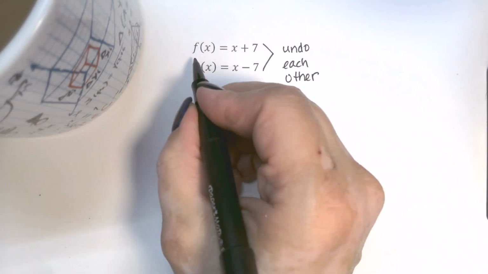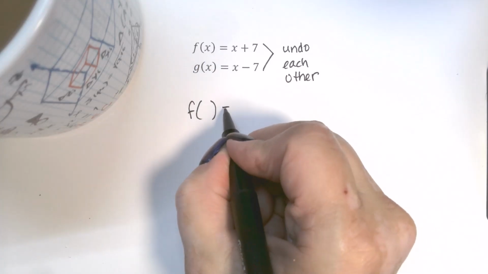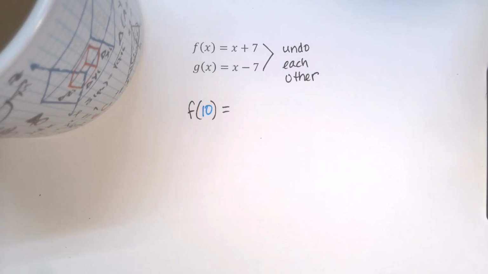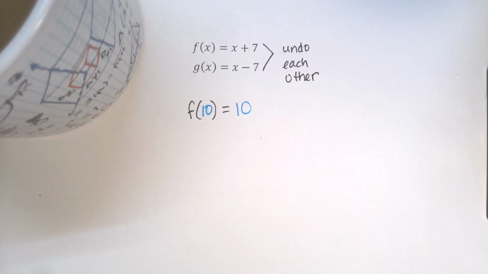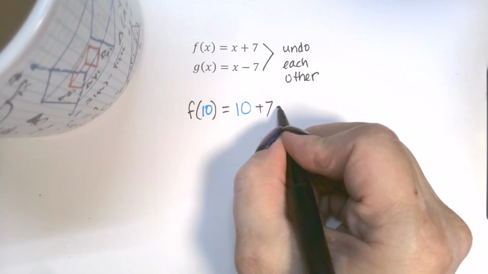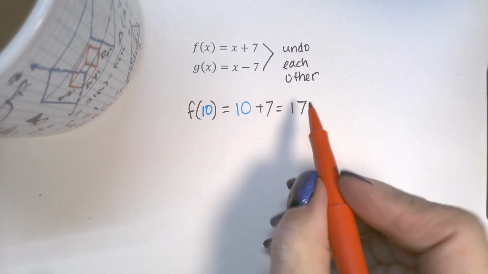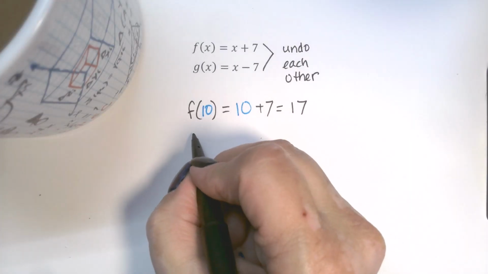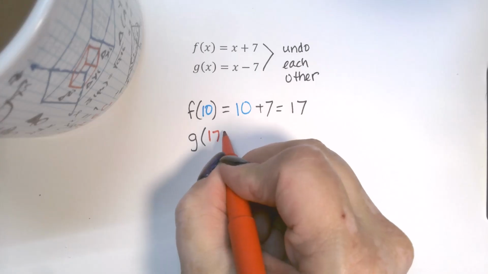What that means is if I take the first function, f of x, and let's substitute in a number, let's say 10, I would have 10 plus 7, which equals 17. Now take the 17, which is the answer to the first function, and make that the input for the second function.